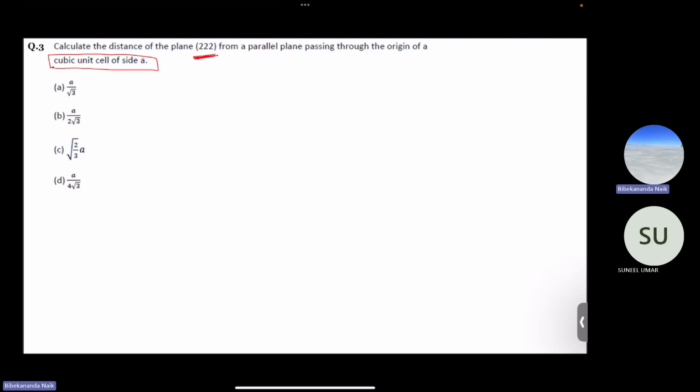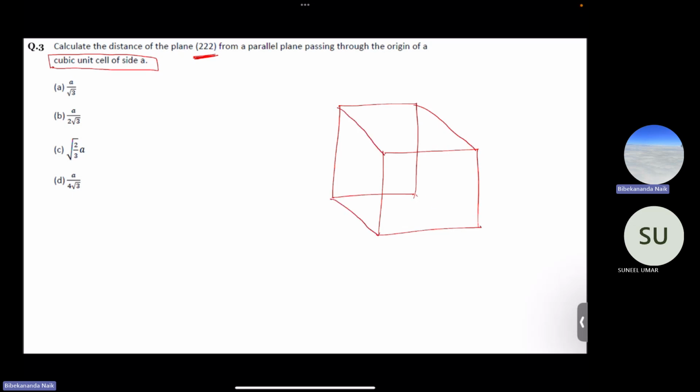So the question was calculate the distance of the plane 2, 2, 2 from a parallel plane passing through the origin of a cubic unit cell of side A. So if we suppose this is a cube, and suppose this is the origin of the cube, 0, 0, 0.